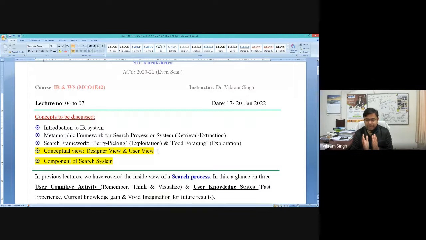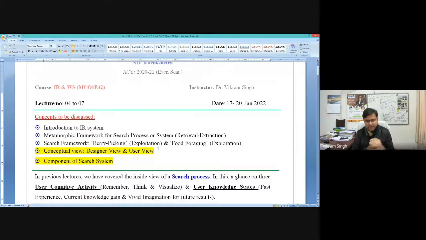In the modern search system design, it has been suggested that you should have a balance between these two behaviors, berry picking and food foraging. It means balancing between exploitation and exploration. You can always have a system entirely based on berry picking.